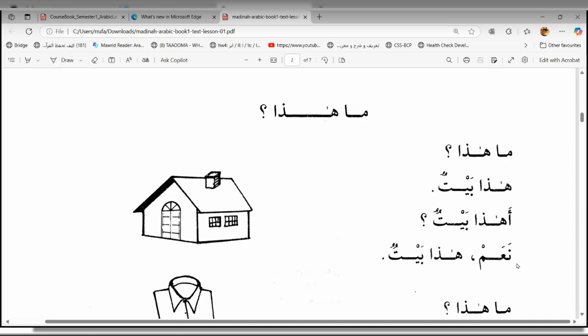So when we have a question like, is this not a house? And we want to say it is a house, we would say bala. In the Quran, Allah says, Alastu bi rabbikum? Am I not your Lord? And then we answered bala. Yes, you are our Lord.